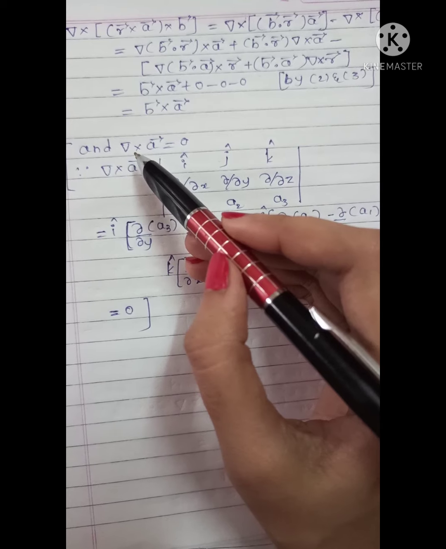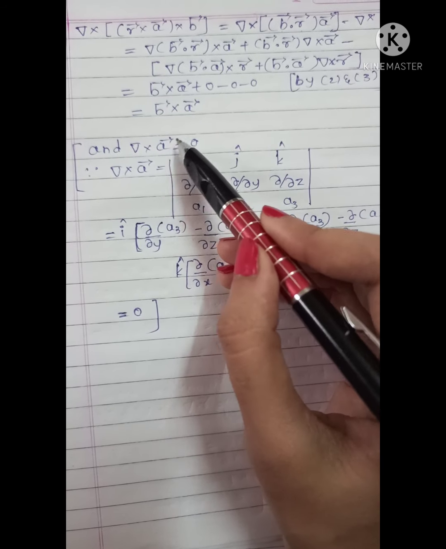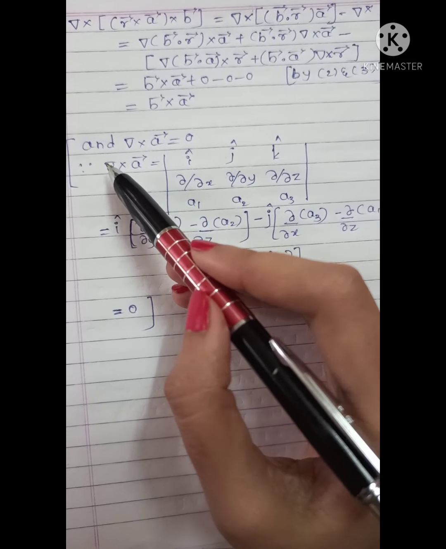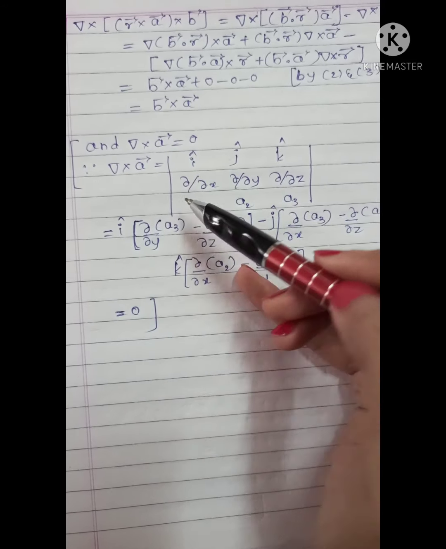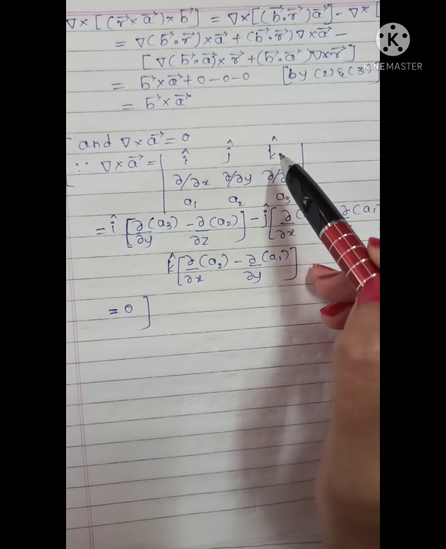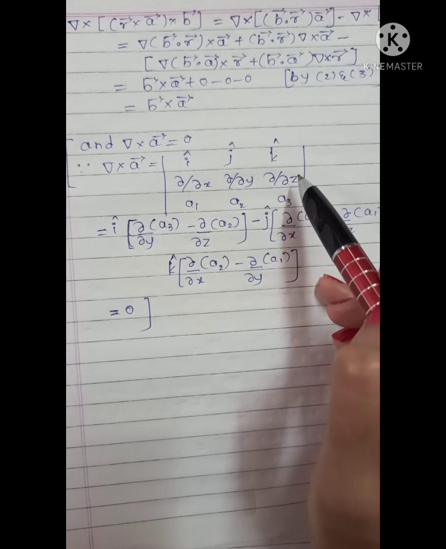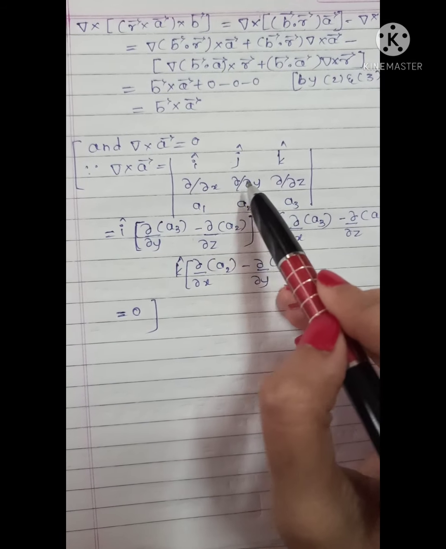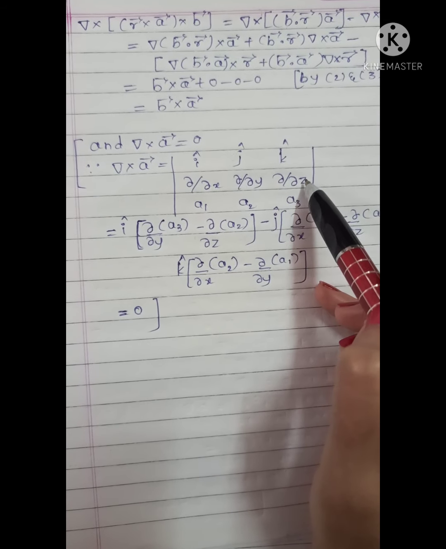The cross product of differential operator del and the vector a is 0 because to calculate its value, consider del cross a is equal to, under the determinant, first row is unit vectors and second row is components of differential operator del, that is dou by dou x, dou by dou y and dou by dou z.